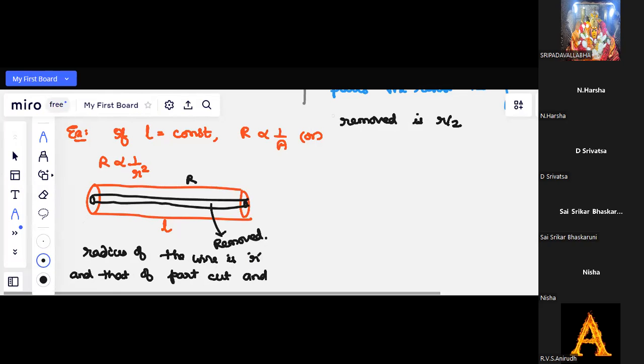Now you can say, if this much part is cut, what will be the area of cross section previously? Pi R square. Now the area of cross section of the wire is pi R square minus the area of cross section of the black part. And the resistance of that wire is changed.